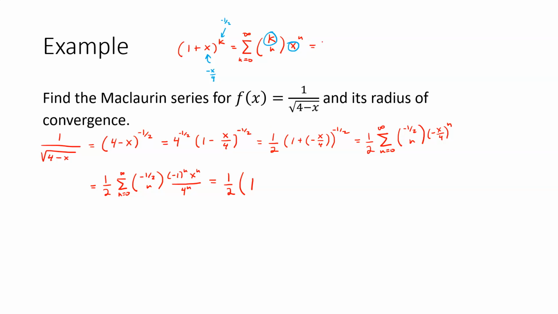Remember, it always starts with 1, and then it's kx, and then it's k times k minus 1 over 2 factorial x squared, and so on. It starts with 1, and the next one would be k. In this case, k is negative 1/2, and instead of x, it'll be negative x over 4.